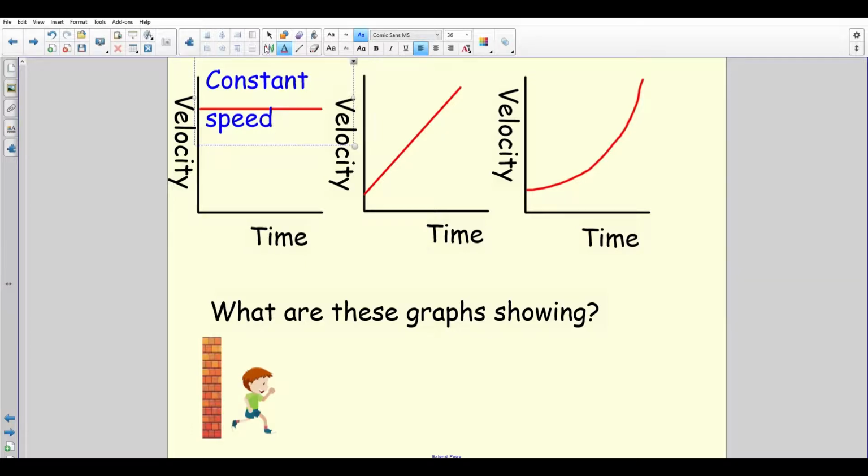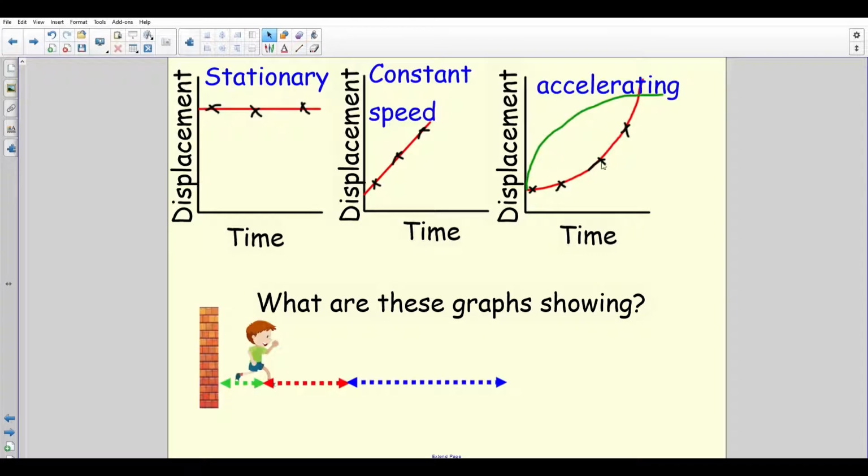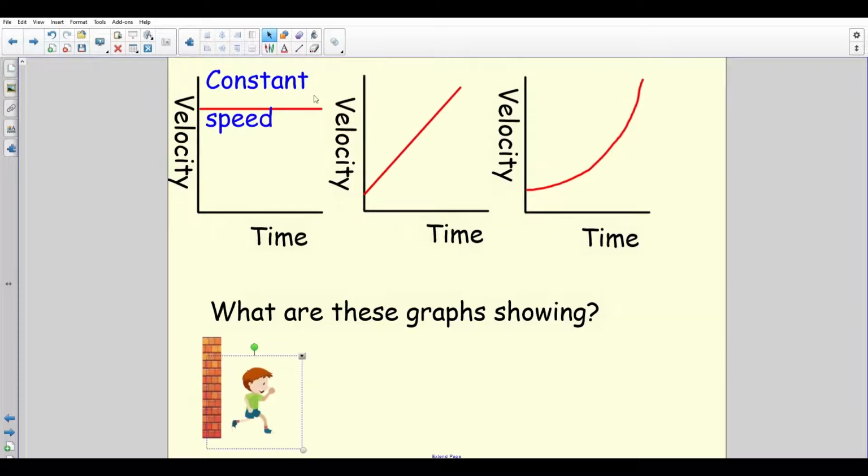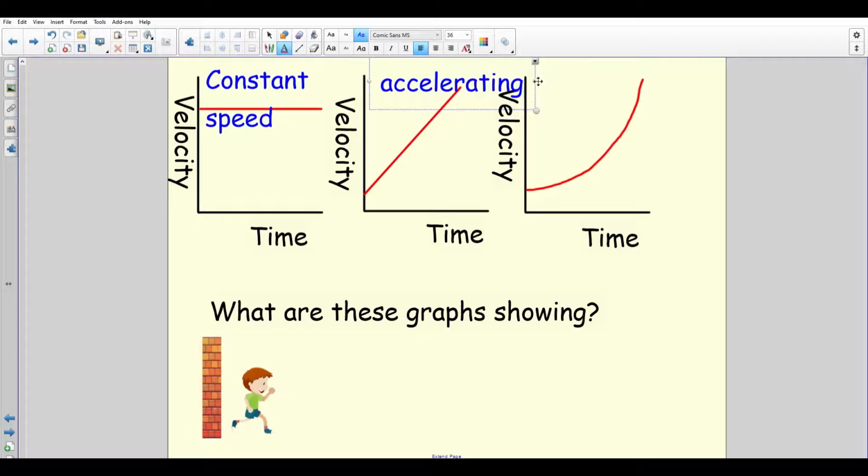The second graph, okay, we've got actually the same as this graph here, is accelerating. And it's hard to show you with the speeds, but if you think about it, every second, looking at how fast it's going, first second, I don't know, 5 meters per second, second second, 10 meters per second, third second, 15 meters per second, but he's accelerating at a constant rate, okay?